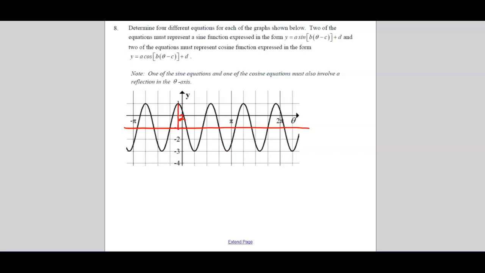It's split into 4 parts, not 12. If you take a look at where some of the values are, I can't quite tell for sure what that translation would be, say, for example, if I was doing cosine. So we're going to have to think a little bit as we go through and actually do some math, which is good. First off, let's get some of these values though. So I know the absolute value of A will be 2. D will be -1.